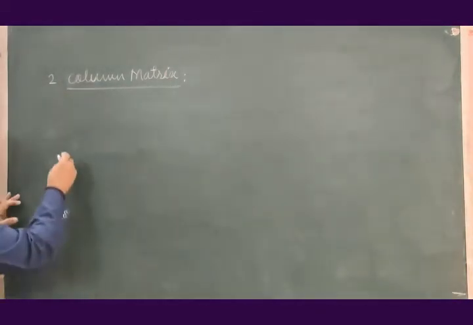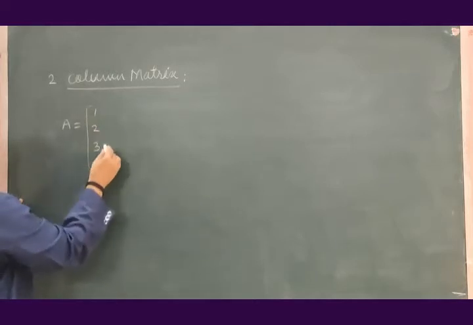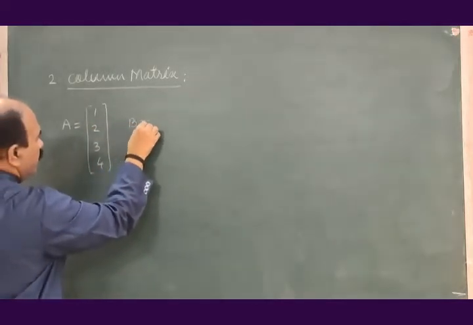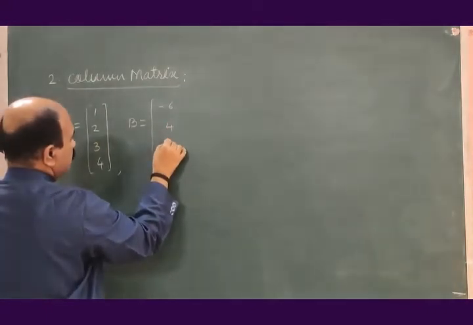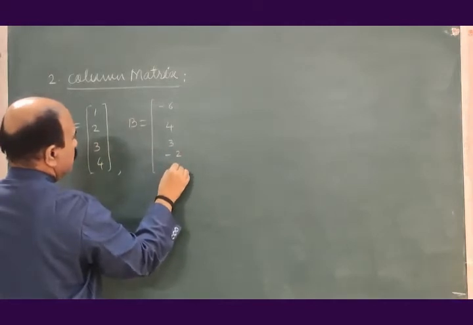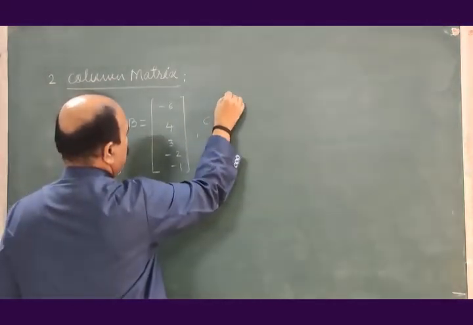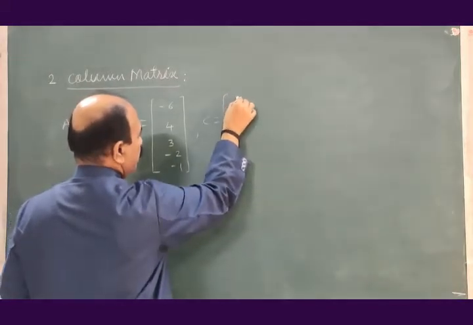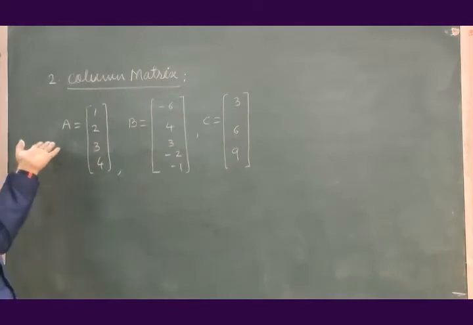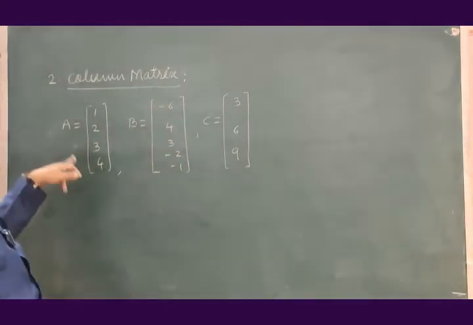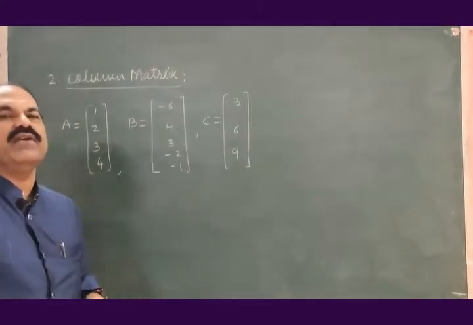For example, matrix A is equal to. Matrix A, matrix B, matrix C. Matrix A is having only one column, matrix B is having only one column, matrix C is having only one column.